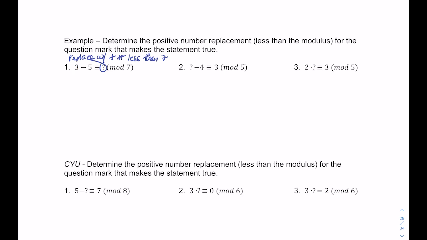So I'm going to have 3 plus 7, and then subtract 5 is congruent to question mark, mod 7. Okay, so 3 plus 7 is 10. 10 minus 5, we know is 5.